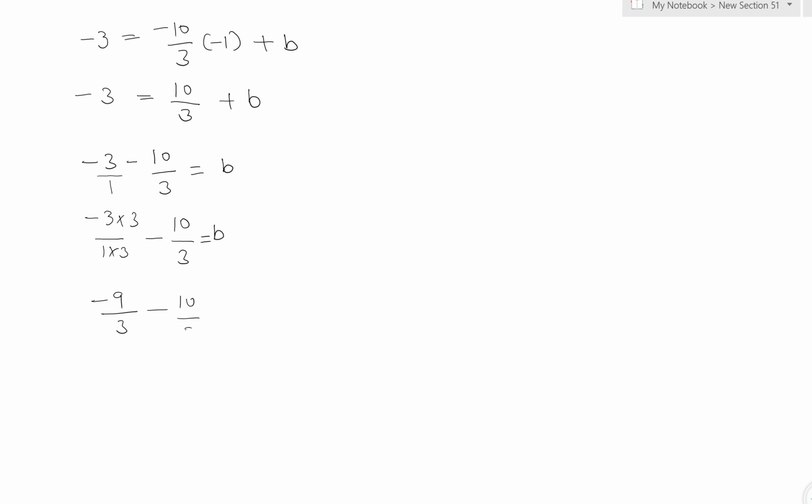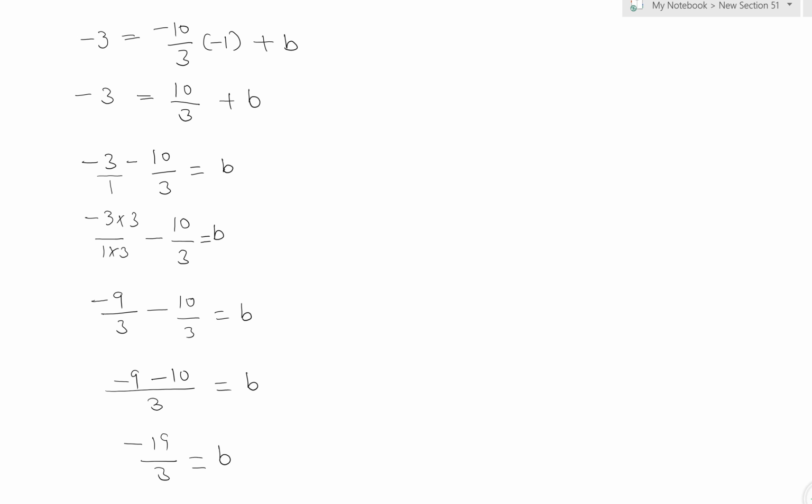That is the equivalent expression or fraction. Now on the left hand side, we have two fractions with a common base, so I write the base once, common base is 3, and I operate the tops. So minus 9 minus 10 is negative 19 divided by 3, which is the b value.